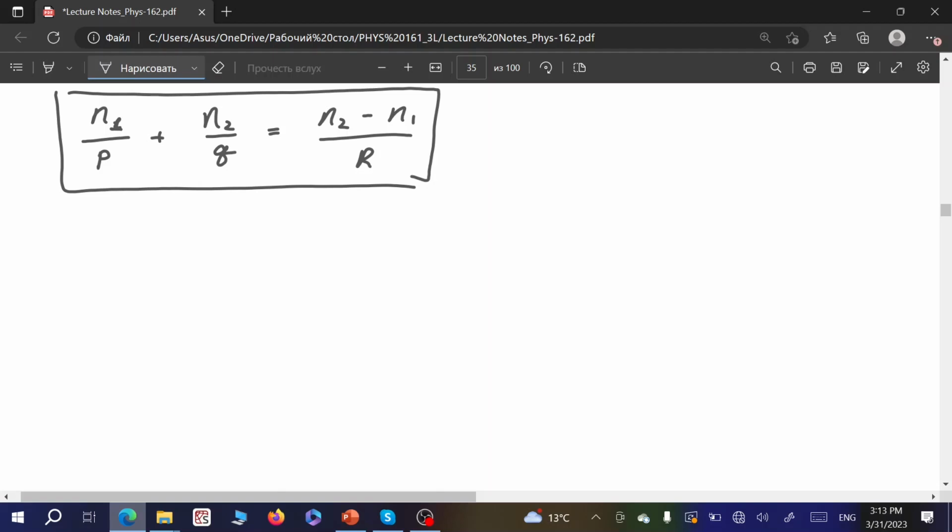In order to make it simpler, we will consider so-called thin lenses. What does thin lens mean? That the thickness of the lens is smaller than the distance from the object to the lens, or the distance from the lens to the image.